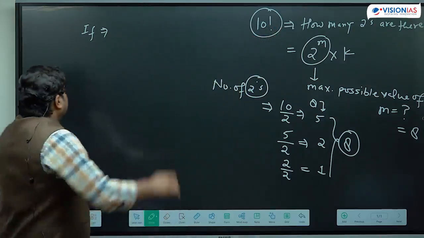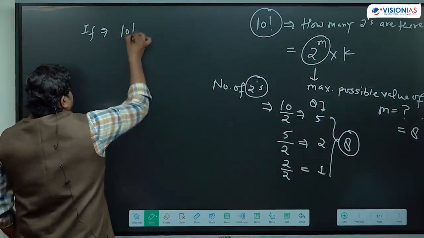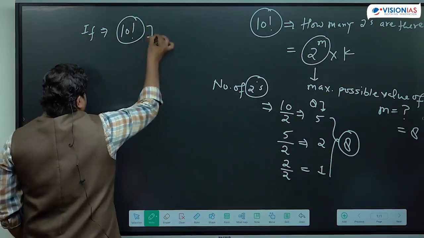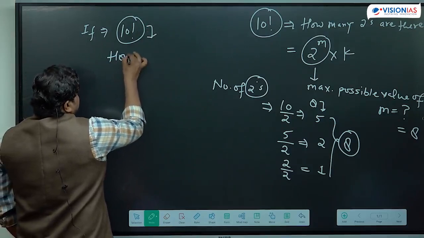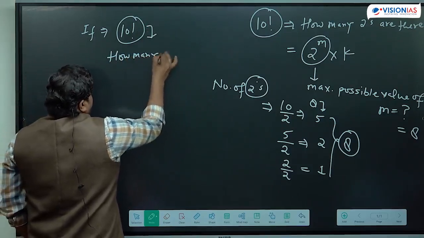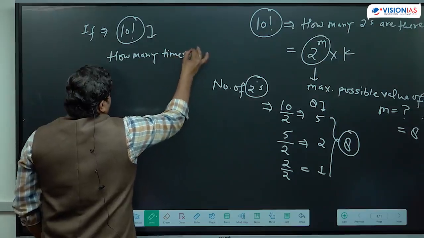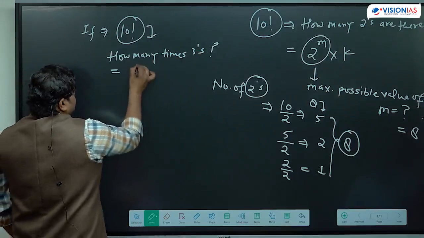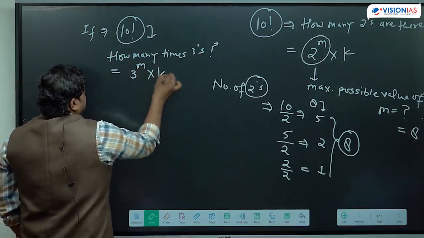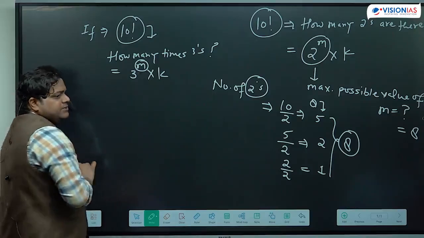Correct. If 10 factorial is there, इसमें it is asked कि how many times 3s are coming, or it is written 3 के पावर m into k. What can be the maximum possible value of m?